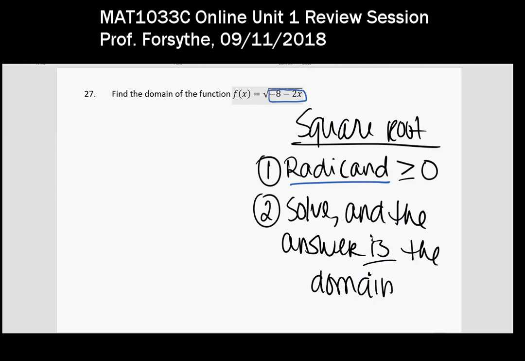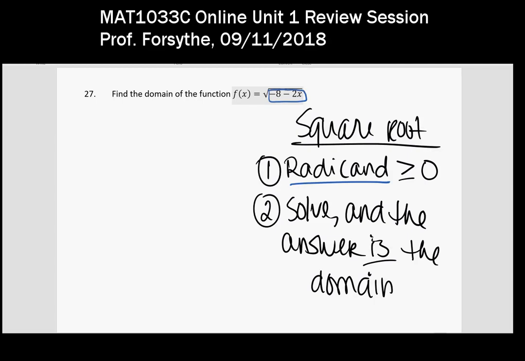So right now, since we're only talking about real numbers, if you put the square root of a negative number in your calculator, it'll tell you error, or something undefined. So to figure out what your domain would be, you can just take what's under the square root and set it greater than or equal to 0, because that would be okay.